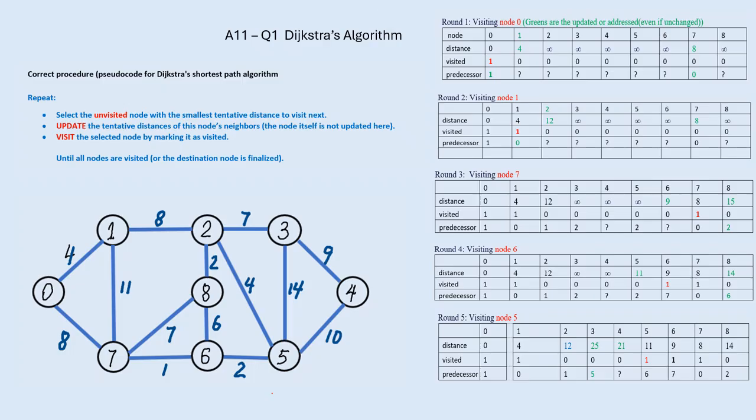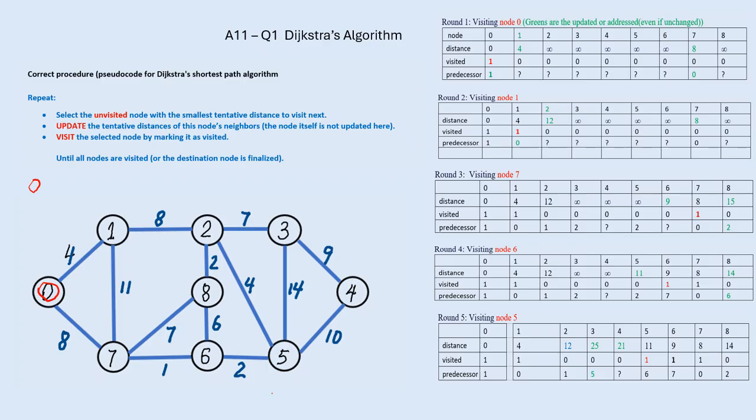Now, everything is infinity. Whenever I visit, I will circle it. So first, of course, visit the 0, and I will put 0 here. That's the visit of 0, and now the first step is done. I choose the smallest.